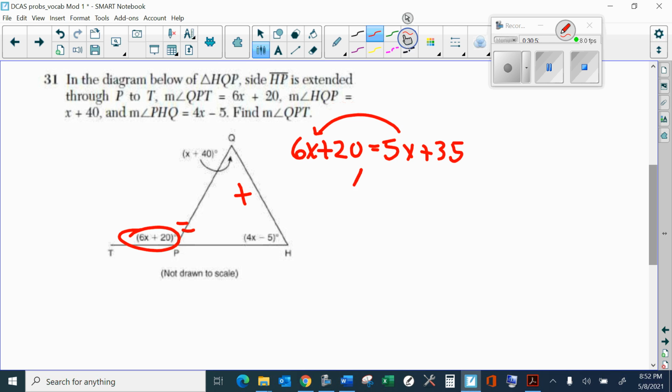So subtract that across, x equals 15. x is 15. It wants angle QPT, this angle right here. So we're now filling that in. 6 times 15 is 90, plus 20 is 110 degrees.